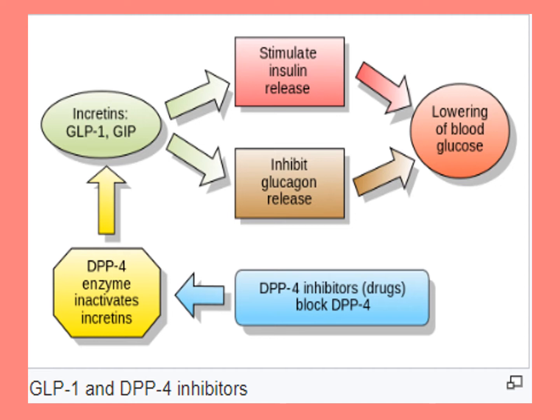So this is how we use DPP4 inhibitors. By using these, we can prolong the effect of GLP-1 and GIP, so that we can get control of the level of glucose, in addition to the other drugs being used, for example the sulfonylureas, the metformins, etc.